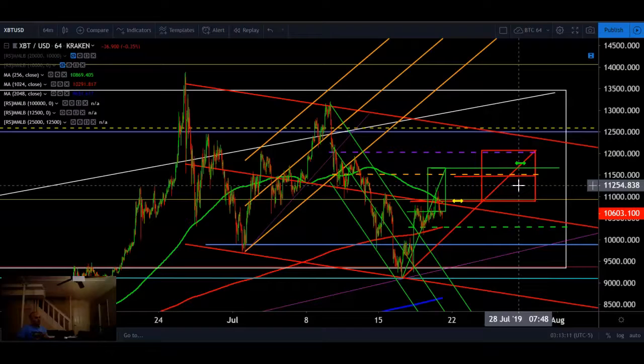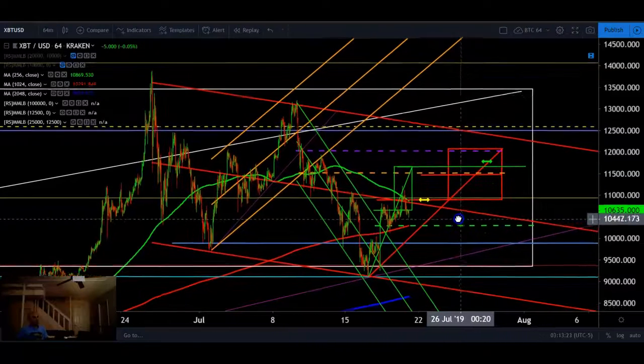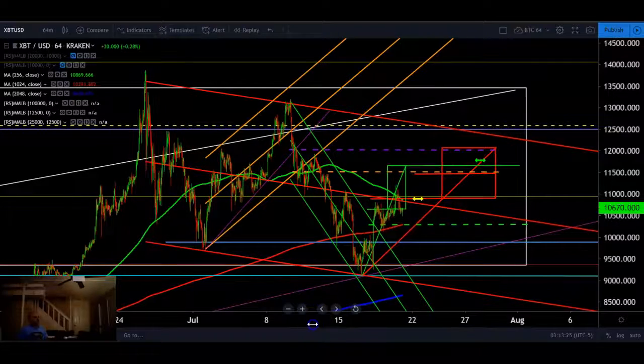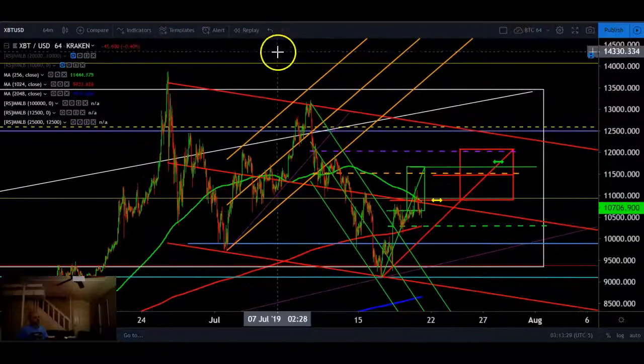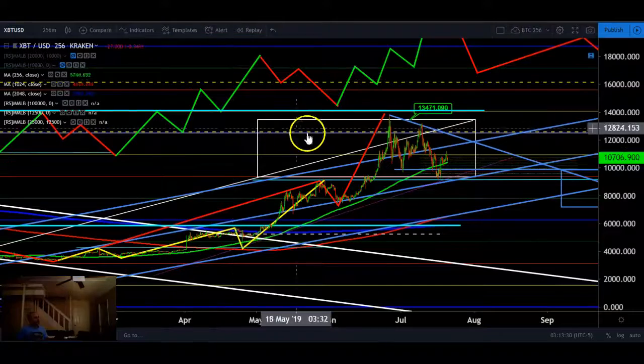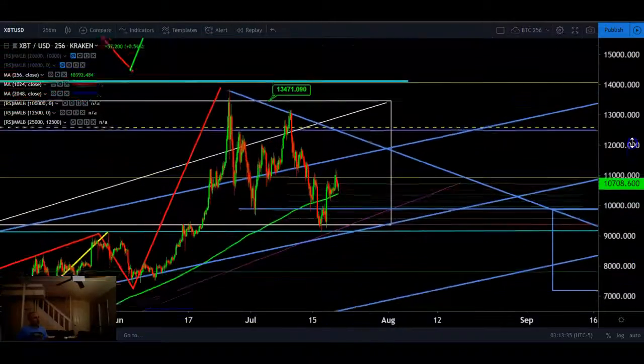But anyhow, the wave 4 pattern is what we have been in for about a month, and we may continue to be in it for as much as another month. So let's take a look at what that is and how it plays out. In general, I'm going to take a little step back so we can take a look at the size of this move.